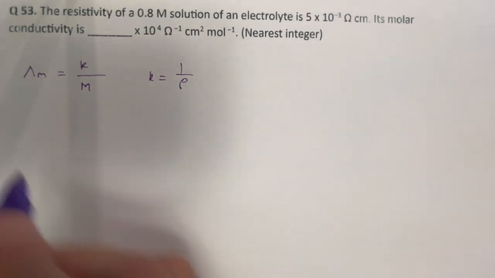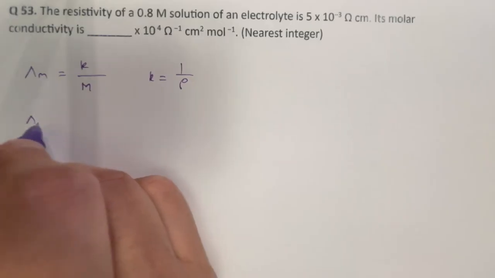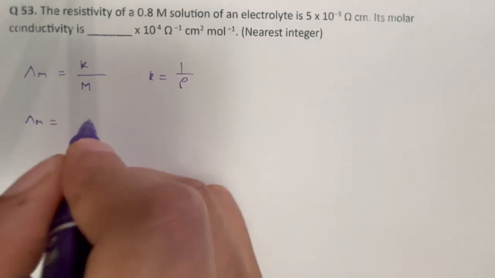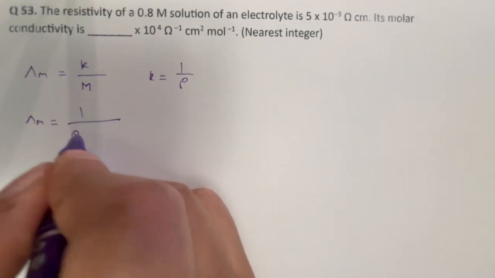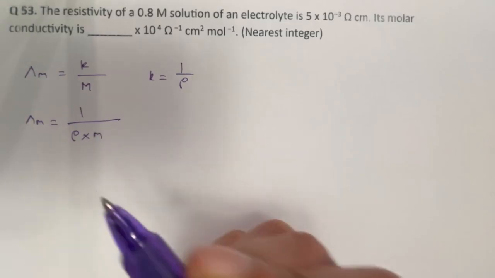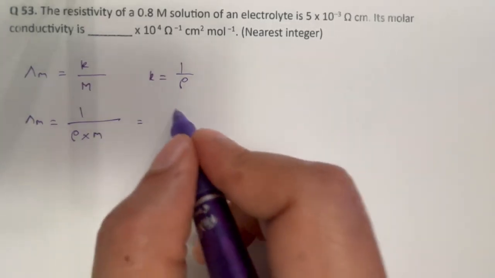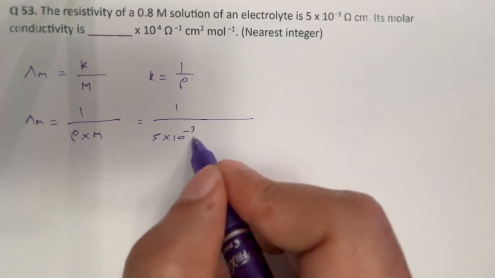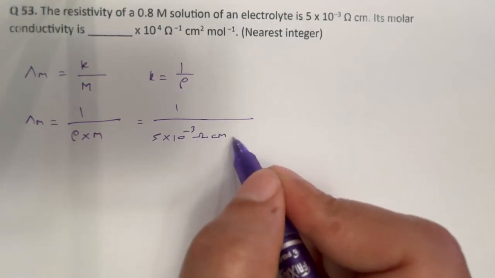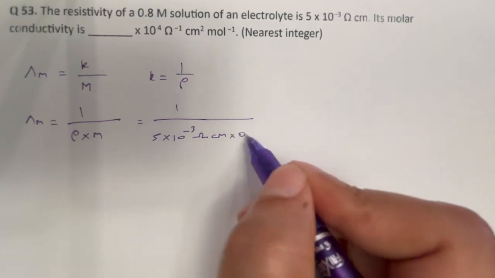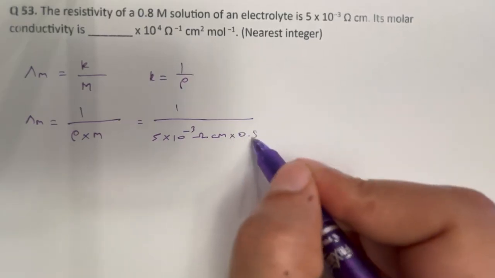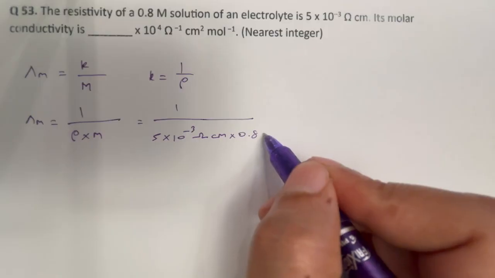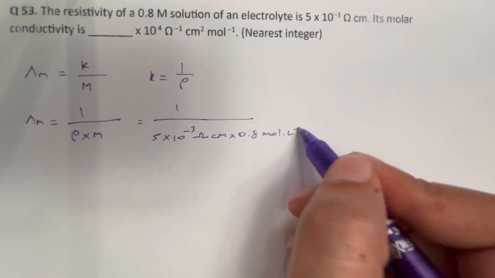So therefore molar conductivity is equal to 1 by rho times molarity. So therefore this is equal to 1 by 5 times 10 to the power minus 3 ohm centimeter. Molarity is given as 0.8 molar. So 0.8 mole per liter.